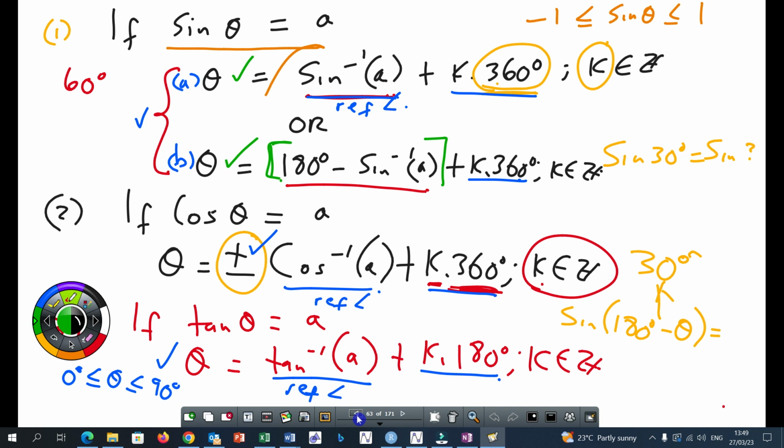If you just follow them, no stress, no confusion. And also here, whether this ratio is positive or negative, this plus or minus caters for both cases. This shift term of minus 1 here, that's your reference angle. Because of this k times 180, it caters for all four quadrants, depending on whether the ratio is positive or negative.